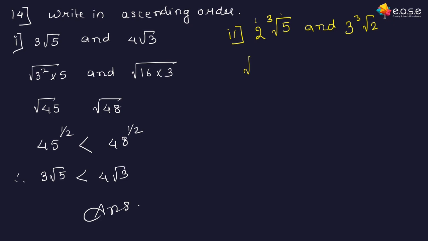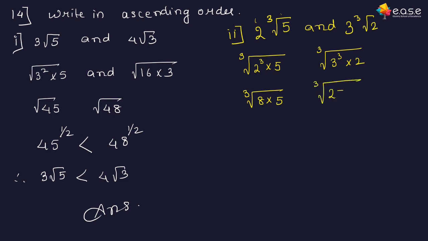So this is going to be third root of 2 cube into 5, and this will be third root of 3 cube into 2. 8 fives are 40 here, and this is third root of 27 times 2, correct? This is third root of 40, and this is third root of 54.